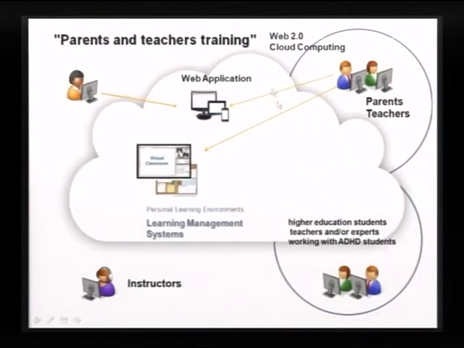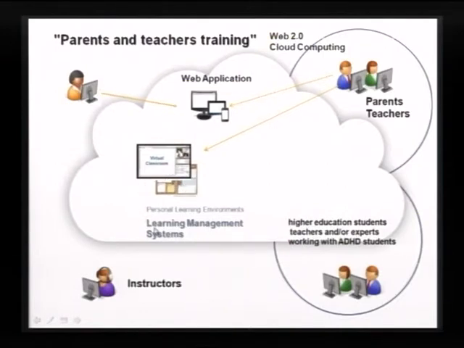That means that the web application is going to be assessed by all kinds of persons, especially by parents and teachers. And we are supposed to create a virtual environment, that means a training system, where parents and teachers can access, and also higher education students, teachers, and all experts working with ADHD students, for a training and structured model.